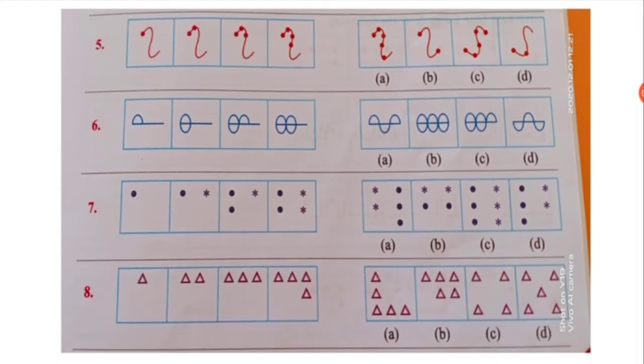Okay, got it. Next, the same pattern we are going to learn. In the fifth picture they have shown one design, and in that design one dot in the first picture, second picture 2, then 3, then 4. Then we have to find out what will be the next figure. For that we have to search for the same design, the same shape.